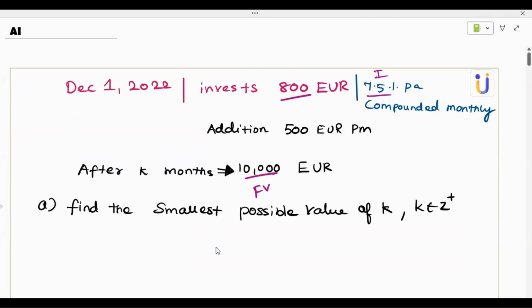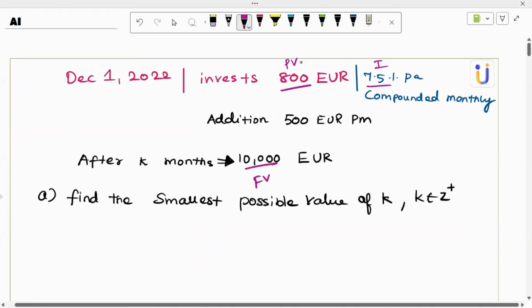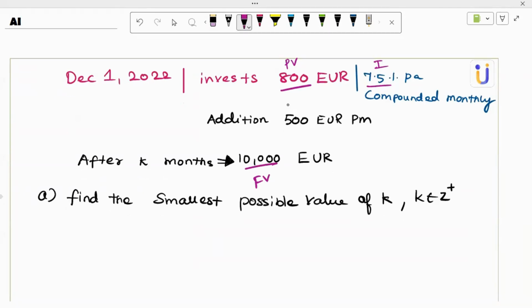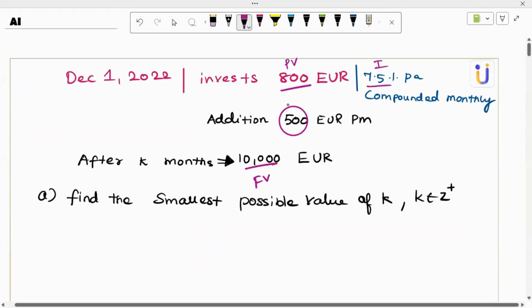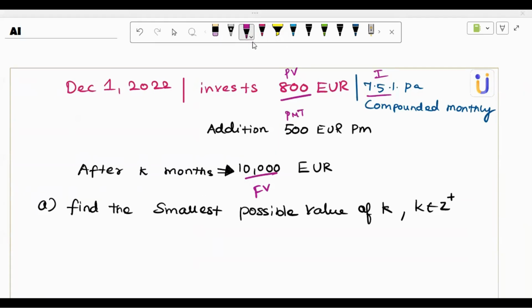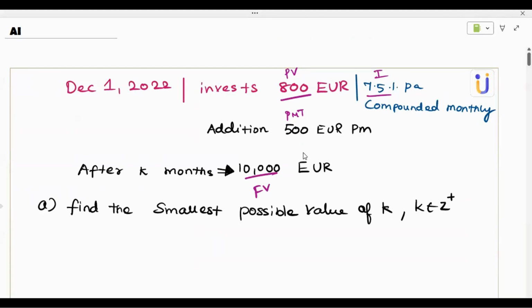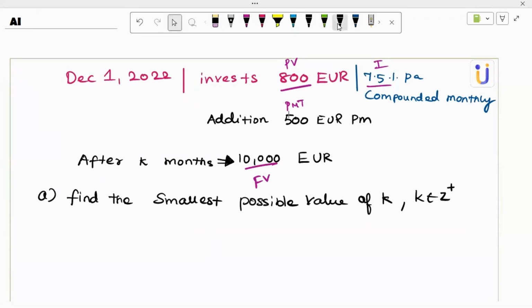And then payment, so this is per month, like an EMI, right? So this is nothing but PMT. Got it? Now, next one, so payment per month. And it is compounded monthly.